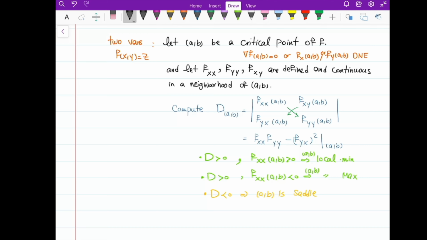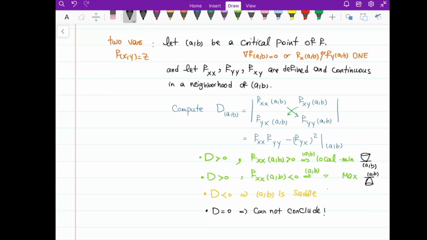And if D is equal to 0, we cannot conclude anything from this test. Okay, so if we have a local min, we might get something like this at the point A and B. If we have a local max, we might get something like this.